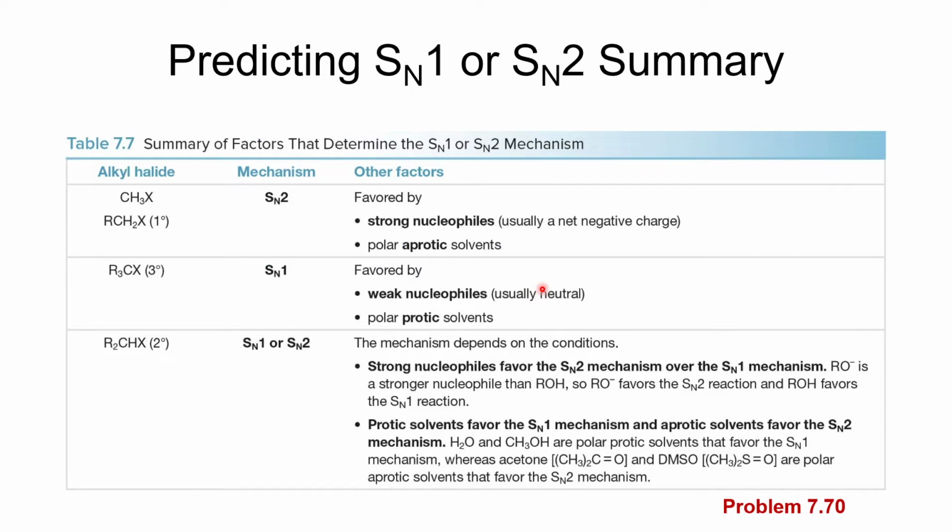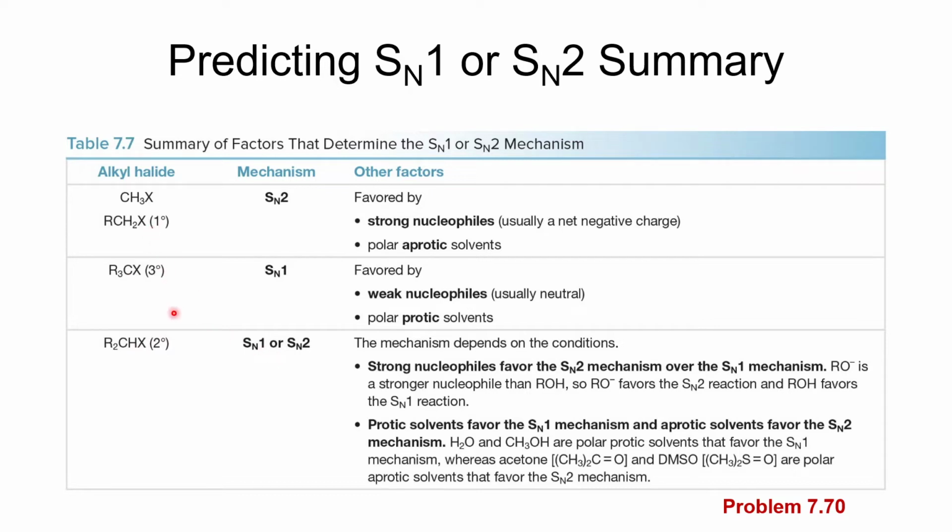All right, and then here is the rundown of all the possible things, and I'm just going to review them real quick before we do number 70 on the in-class assignment. So first thing is the alkyl halide, primary and methyl is probably going to go by SN2, almost certainly by SN2. Tertiary alkyl halides by SN1, and secondary, it depends.